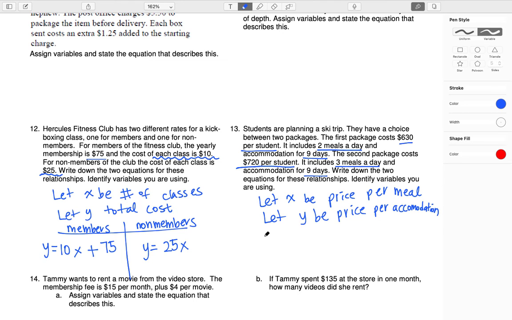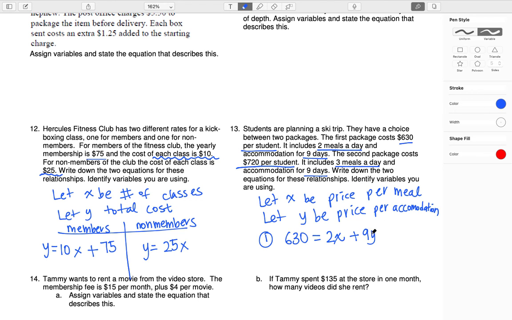So for the first package, we know that it's going to cost $630, but that includes 2 meals, so it's 2x, plus 9 days, so 9y.